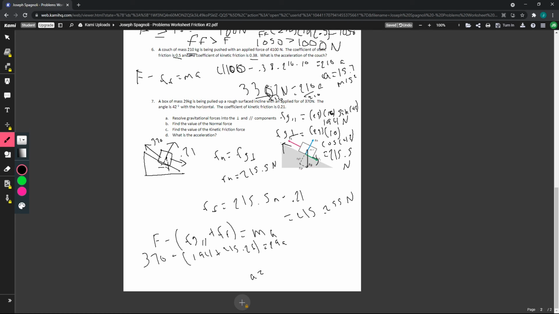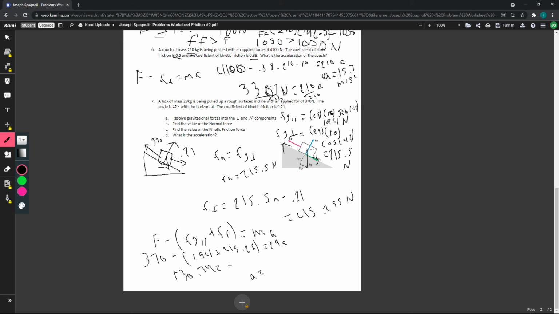So now we're going to do some good old-fashioned calculator work. We have 370 minus, I'll put this into parentheses in my calculator, 194 plus 45.26. That's equal to 130.74.